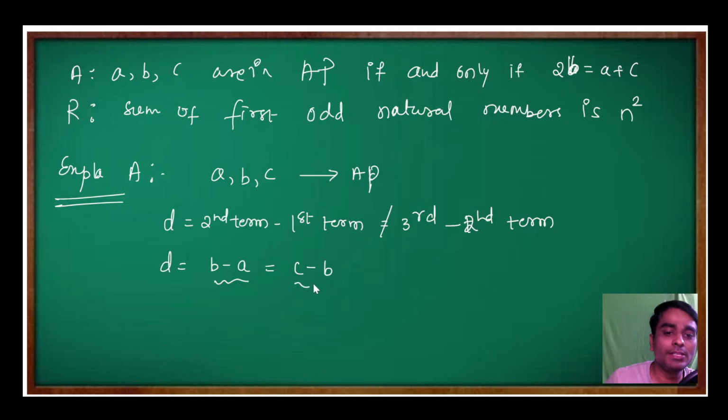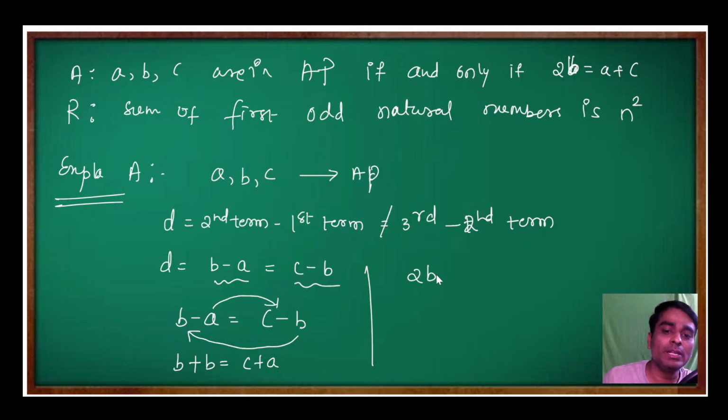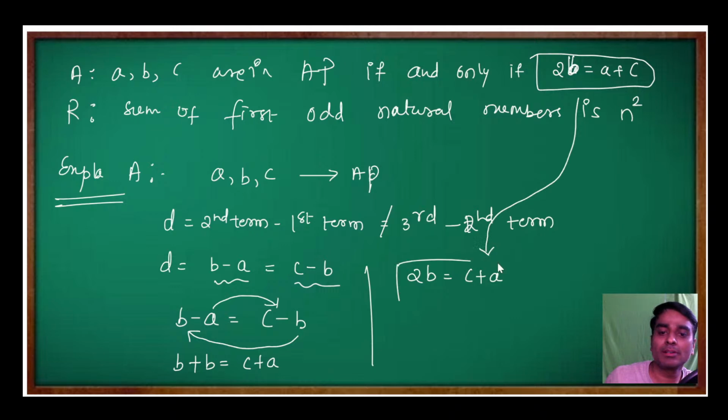So we'll equate these two. B minus A equal to C minus B. This minus B you bring here, this will become B plus B. Then take this minus A this side, this will become C plus A. This side you have 2B and that side you have C plus A. Now look at that, same thing is given, same, therefore it is true.